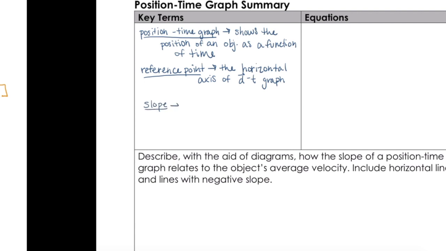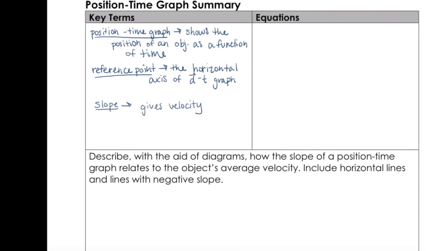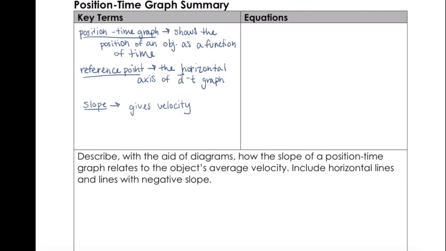So the slope of the graph gives velocity of the object. Okay, and so the velocity of the object, the average velocity, is equal to the change in position.